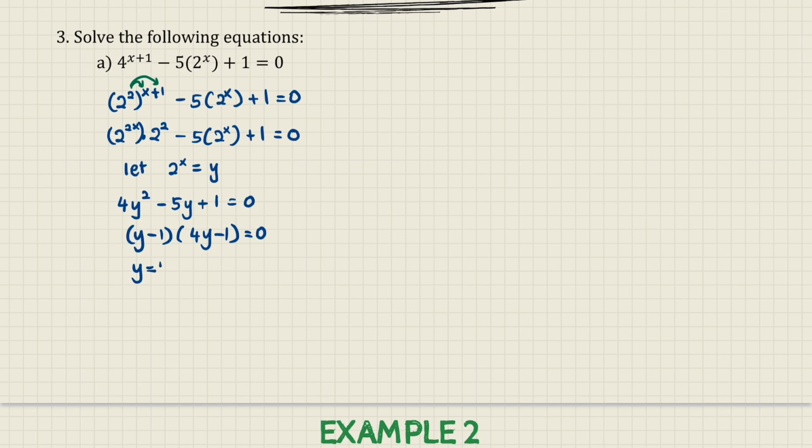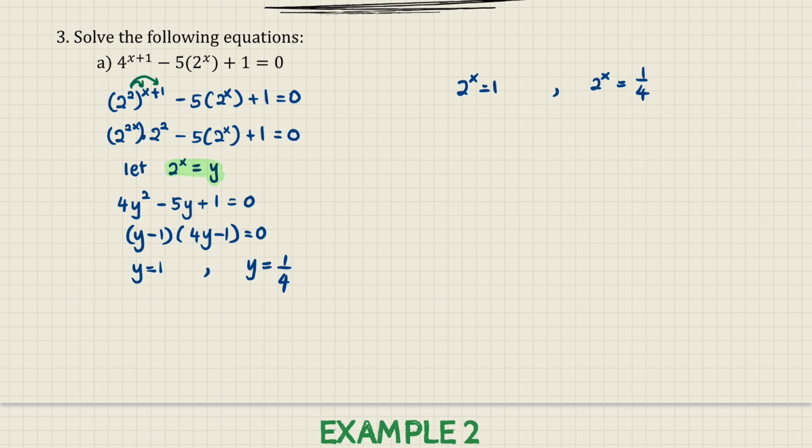Y equals to 1 dan lagi satu y equals to 1 over 4. Okay, adakah y kita adalah final answer? Not yet. Perlu gantikan semula sebab tadi kita dah let 2 to the power of x equals to y. So perlu gantikan semula 2 power of x equals to 1, and the other one adalah 2 power of x equals to 1 over 4 untuk cari value of x.